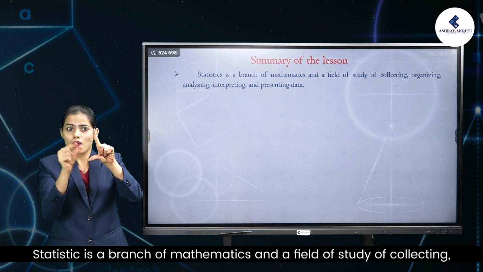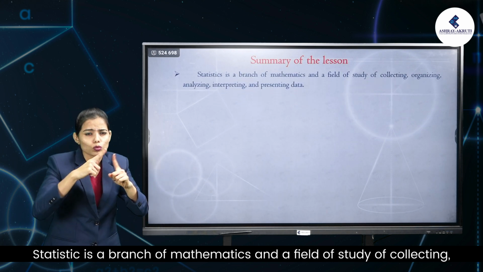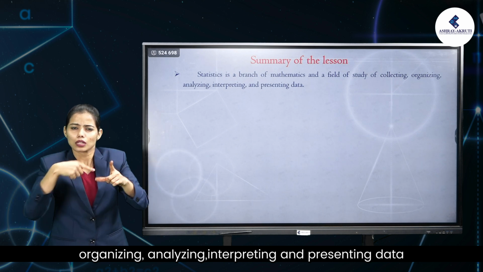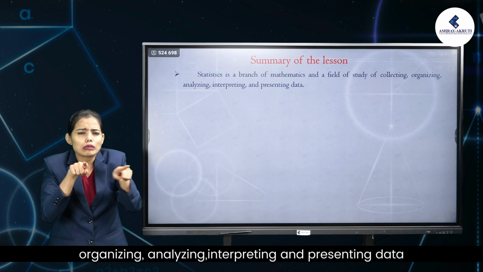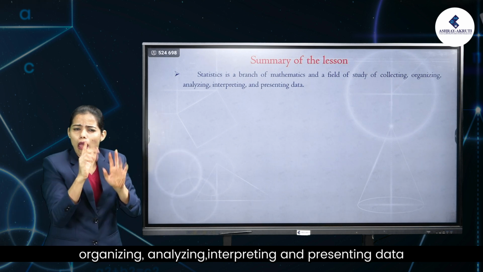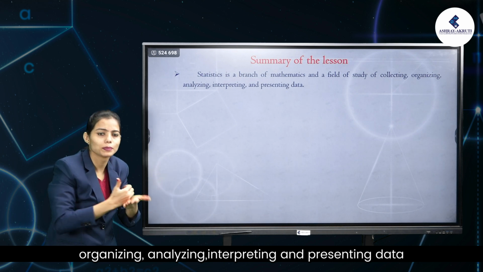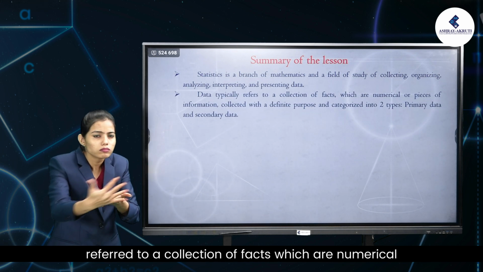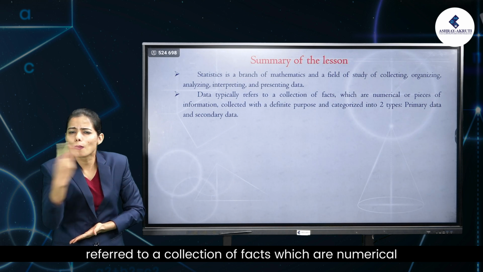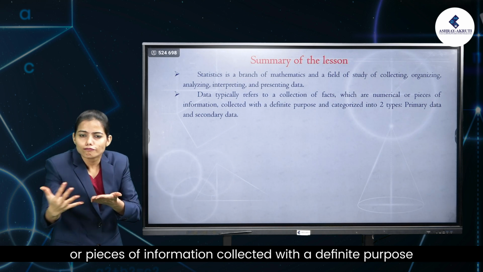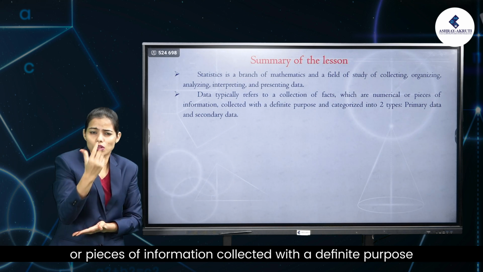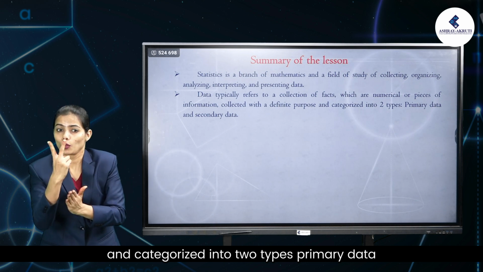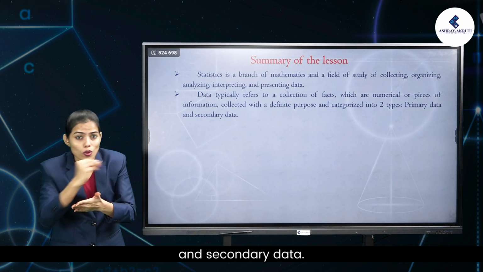Statistics is a branch of mathematics and a field of study of collecting, organizing, analyzing, interpreting, and presenting data. Data typically refers to a collection of facts, numerical or pieces of information, collected with a definite purpose and categorized into two types, primary data and secondary data.